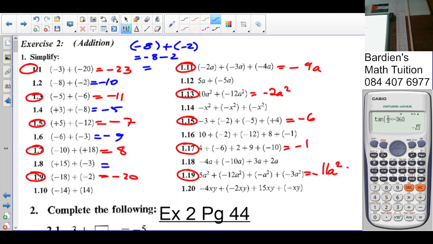Negative 9. Then? 12. Then? 0. Then? 0. Then? Negative 3x squared. Number 1.16? 3. Next one? Negative 9a. And the last one? 8x1.